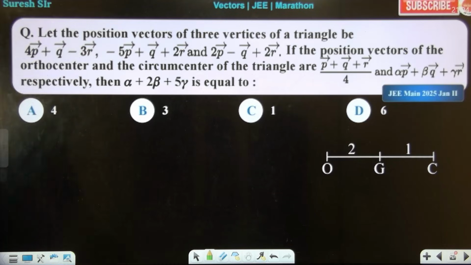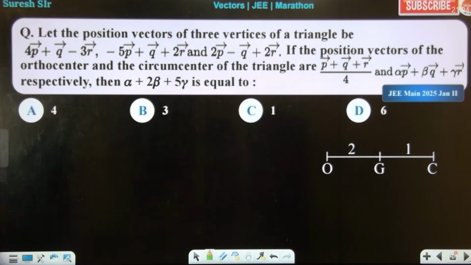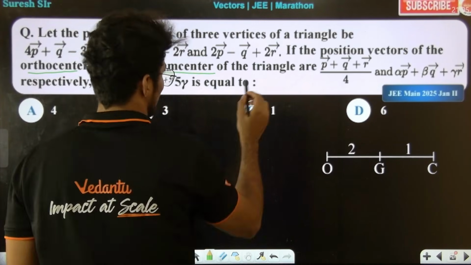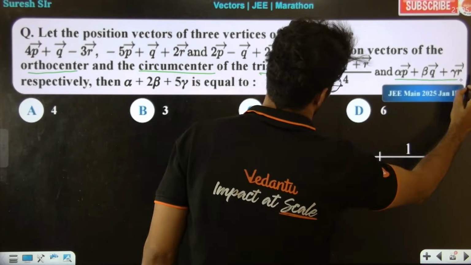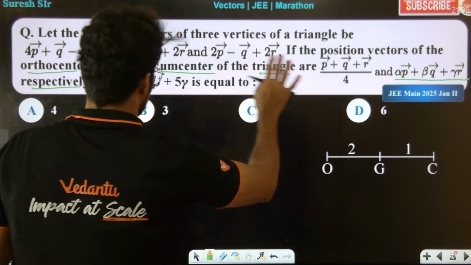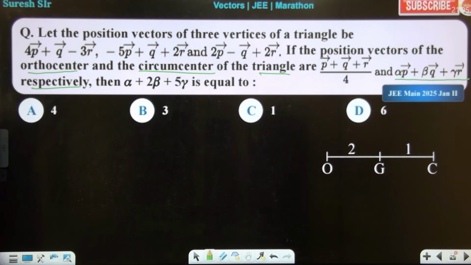Let the position vectors of the 3 vertices of a triangle be these, and the position vectors of the orthocenter and the circumcenter of the triangle be these respectively. See guys, orthocenter is one and circumcenter is the other. Tell me how do we do this?